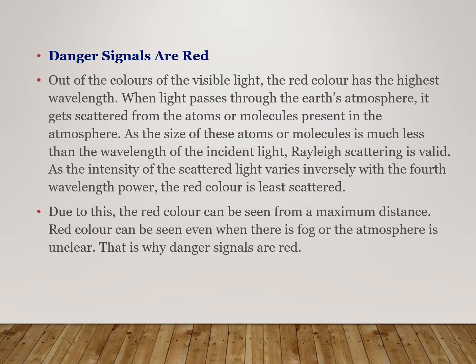At every stage, we can see the danger signals are colored red. This is also the best example of scattering phenomena. One of the colors of the visible light, the red color, has the highest wavelength, as we discussed till now. When light passes through the Earth's atmosphere, it gets scattered from the atoms and molecules present in the atmosphere.